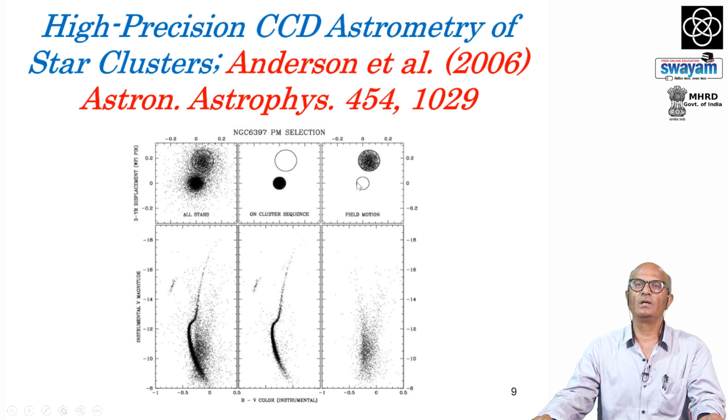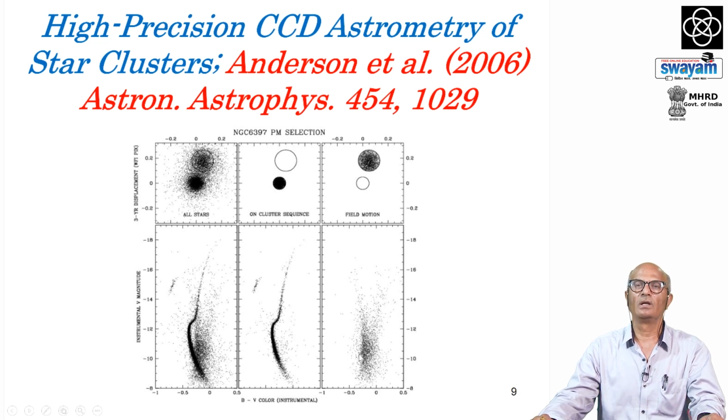And if you see the field stars, separated based on their astrometric motion, that is proper motion, they have a mixture because they are located at different distances. They are in the foreground of the cluster as well as in the background.